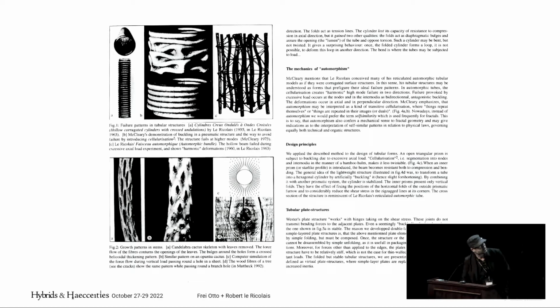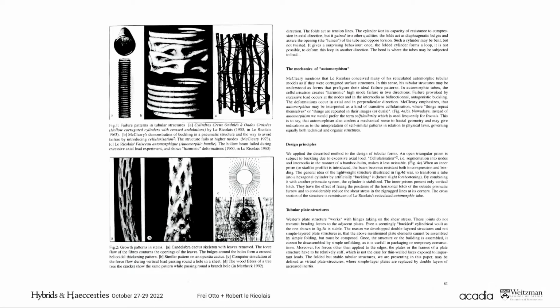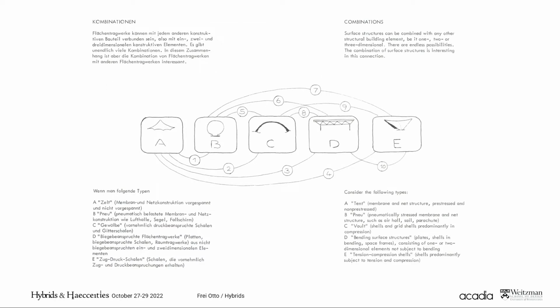Here we see an exchange actually between those. Frei Otto's Special Research Unit 230, studying buckling structures previously worked on by Robert Le Ricolet. A diagram here of Frei Otto's hybrid structures in line with the theme of this conference.